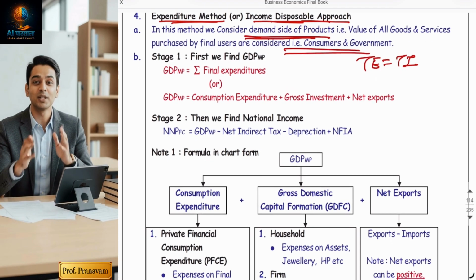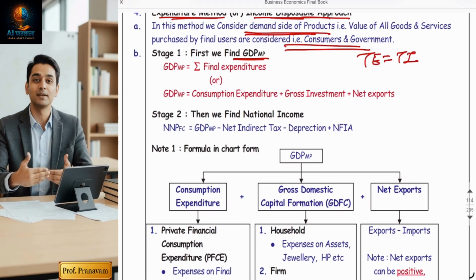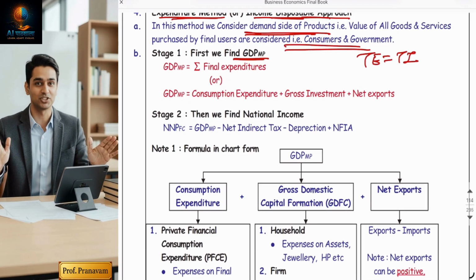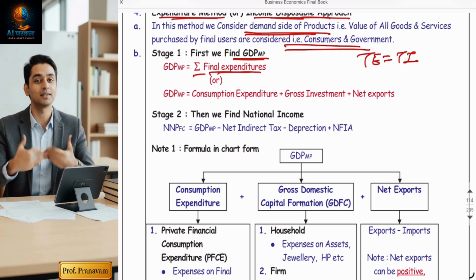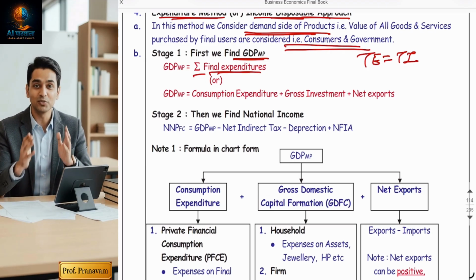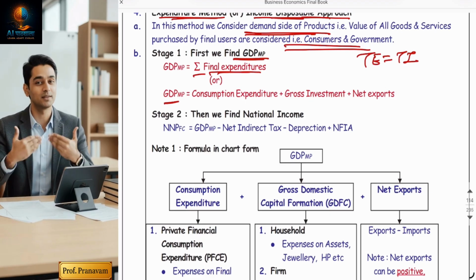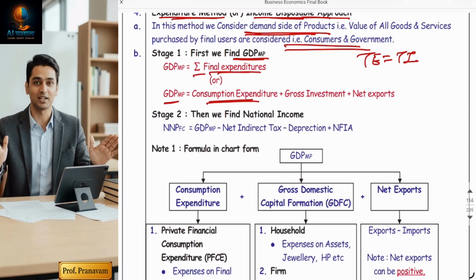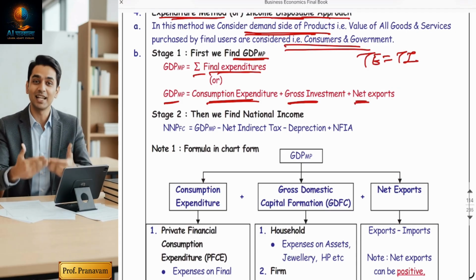Okay, so the formula: first we're going to find GDP at market price. It is the sum of all final expenditure of the society as a whole. Society as a whole means consumers as well as government. GDP at market price is consumption expenditure, gross investment and net exports.